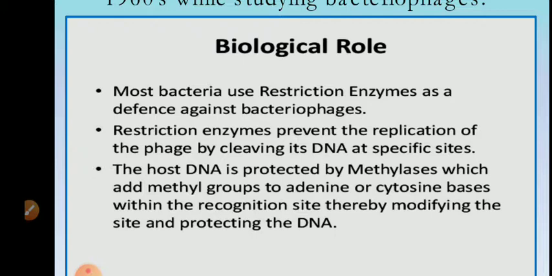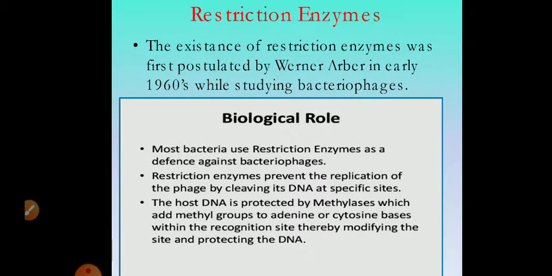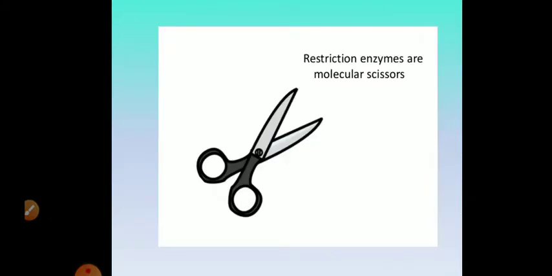So the host DNA is protected from being cut by restriction enzyme due to methylation of adenine or cytosine bases within the recognition sequence. Werner Arber proved that certain enzymes are produced by the host cells to protect themselves from phage attack by destroying the phage DNA, but not by attacking the host's own DNA.